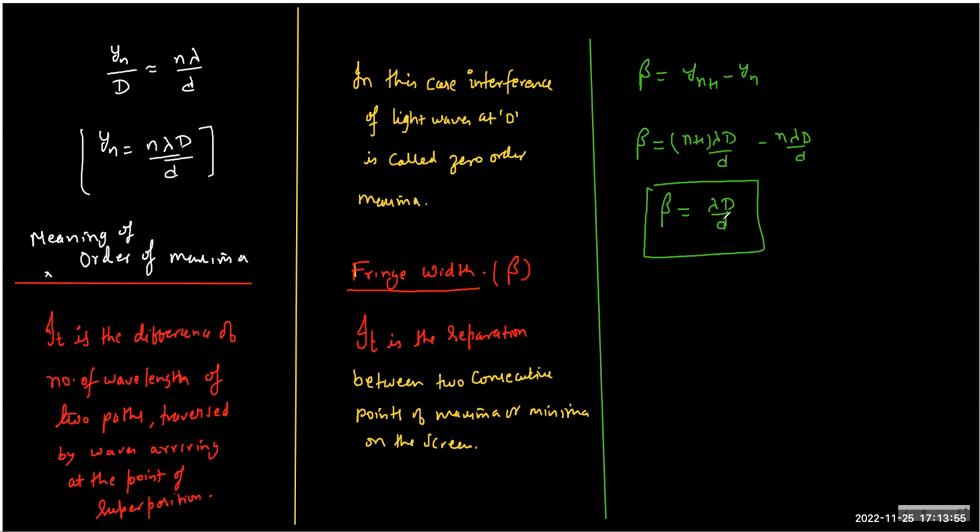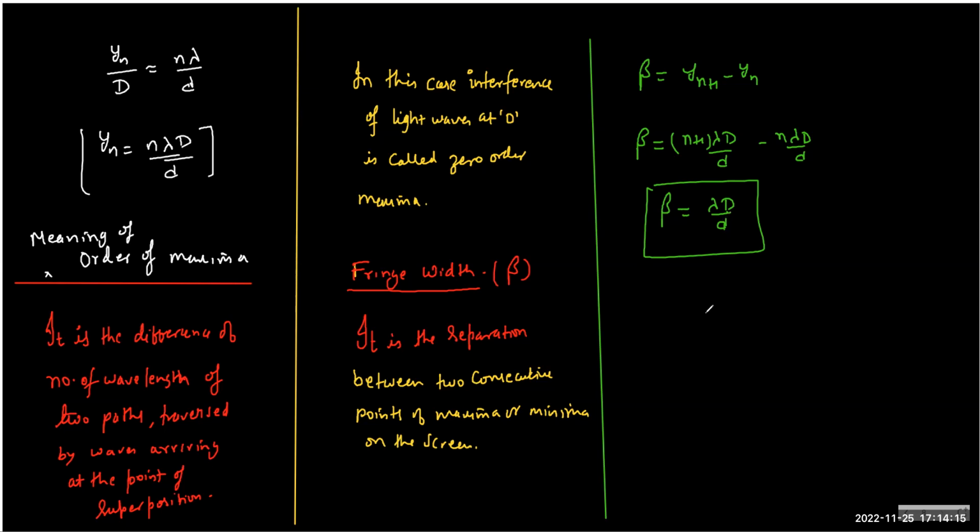Is it clear? Yes, sir. In case of confusion, always remember that lambda is a small quantity, so we divide by the small. So lambda by small d into capital D.